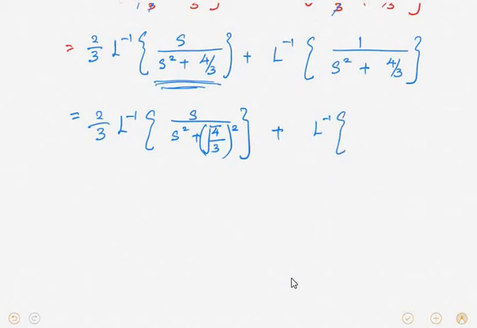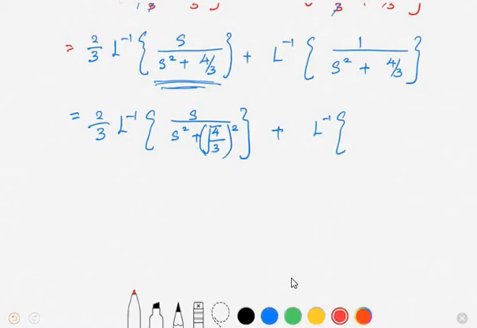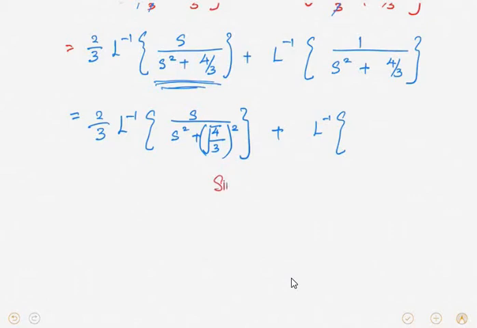This one is 1 over s squared plus 4 over 3. This one we can change to the sine, but take note that sine at is equivalent to a over s squared plus a squared. Now, if this is referred to as a squared, we need the a here.